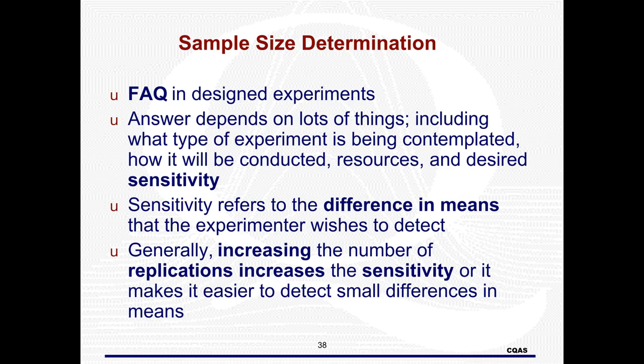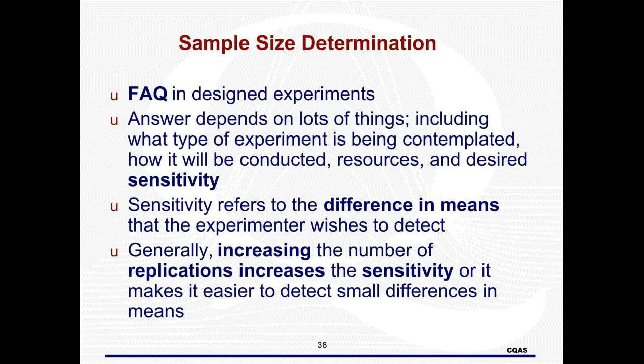That leads to the last point on the slide. Increasing replication generally improves sensitivity. Why? Because more replicates reduce the uncertainty in our estimates. The standard error decreases as sample size increases, making it easier to detect smaller differences in means. Of course, there's always a trade-off.